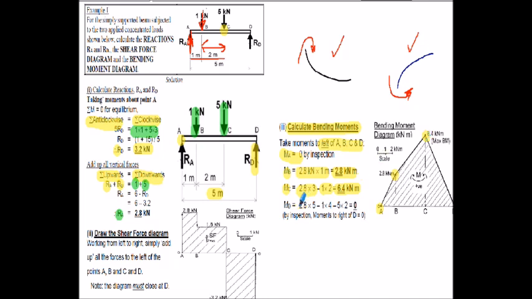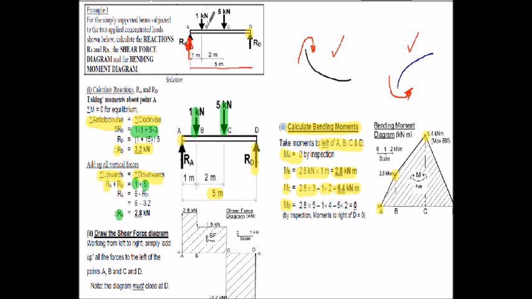And then finally, if we take moments to the left of D on the original beam diagram, so now we'll consider moments about D here, looking to the left, what do I see? The RA again, the 2.8 at the end, but this time it's multiplied by 5 meters, so RA times 5 meters.